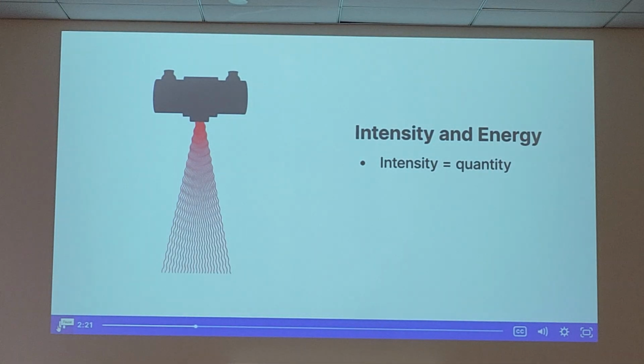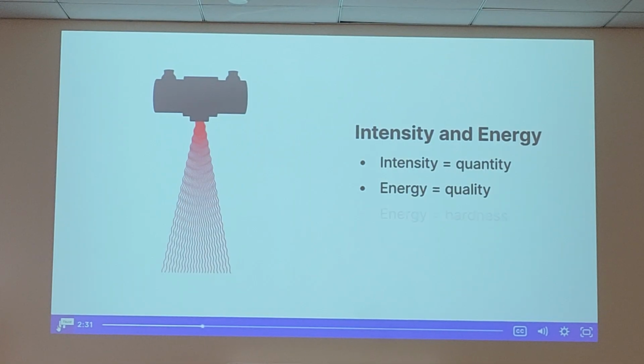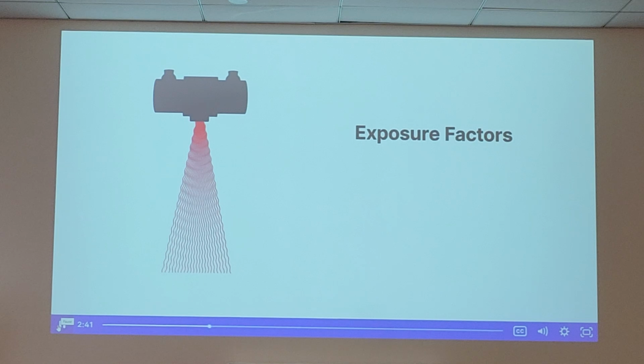It's called X-ray quantity. The X-ray energy during the exposure refers to the energy of the photons, sometimes called quality, hardness, or penetrability. As the energy of the X-ray photons increases, the penetrability of those photons also increases. Another thing that's also very similar is the X-ray exposure factors for a CT scan.